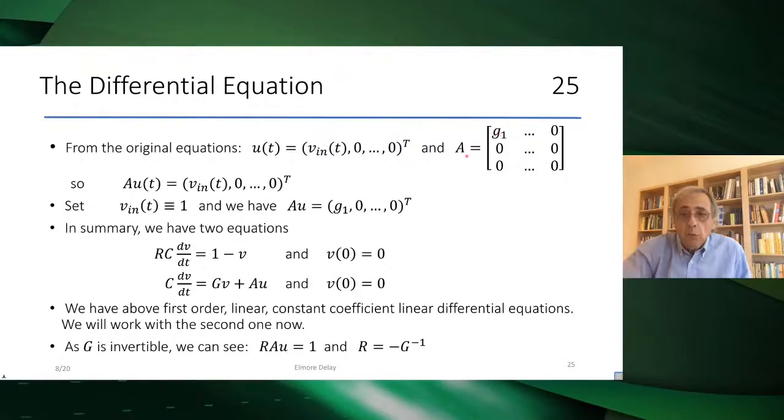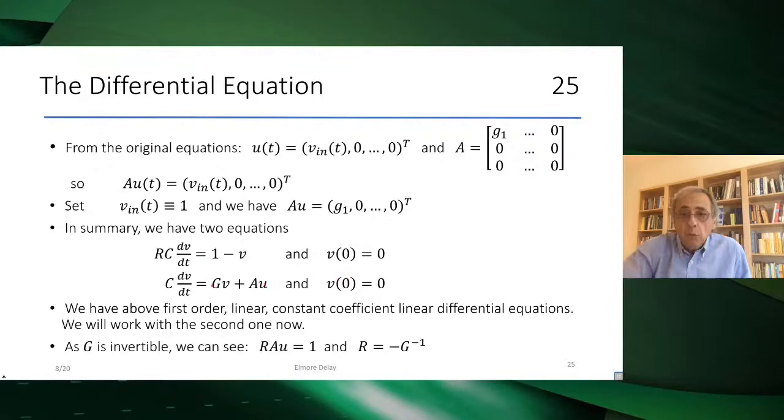The term AU, if you go to the computation, is very simple. It's V times this, and V is equal to 1. So the term AU gets multiplied by the first conductance. So we have two equations, the one that we obtained from Kirchhoff's voltage law here, and the one that we obtained from Kirchhoff's current law, with the same initial condition.